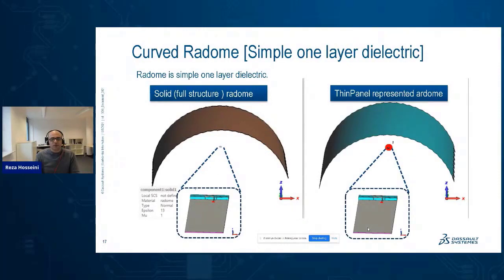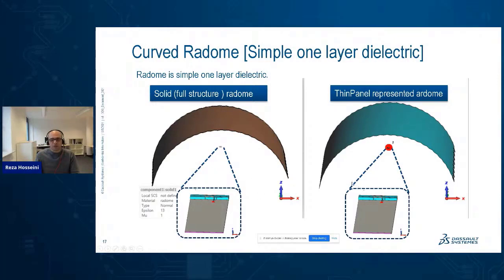So before getting to the cases that I earlier mentioned, I did a sanity check. So I made a curved radome structure with only one dielectric layer with the antennas. You can see that this point is small, and then I represented the same radome with the equivalent SimPanel definition of that. I wanted to see how it would work if it's just a simple dielectric.